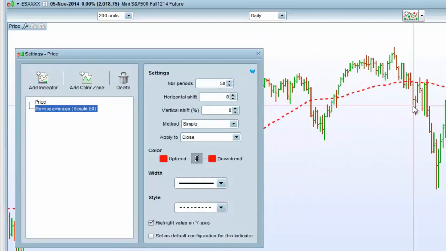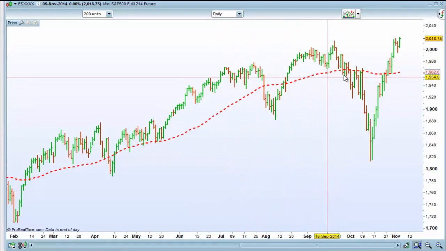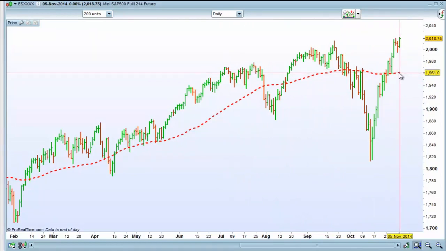I like red because we're going to add another one with a different color later on. I don't change anything else on this page, and then I literally X out of the box. So now what you see here, this red dotted line is the 50-day simple moving average. And as I scroll over it, you can see to the left of my arrow, it says moving average 50, and it gives you the rate at where the moving average currently is at.